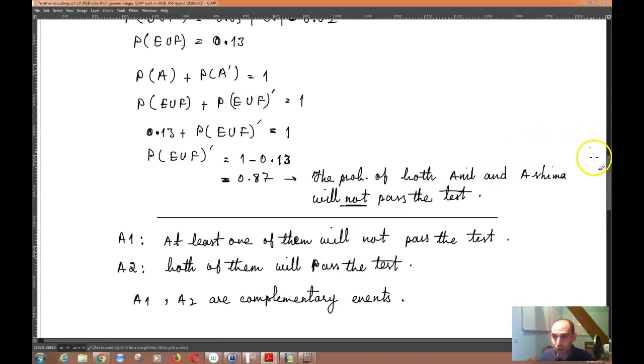We need to go back and do a little bit of definition here.